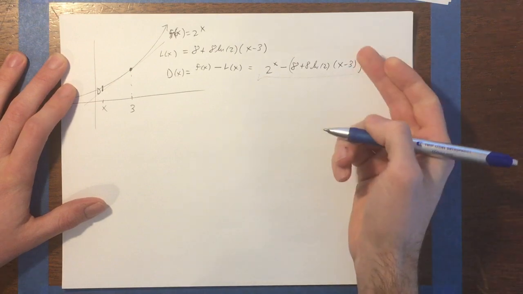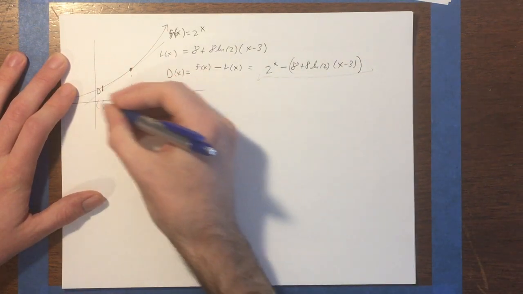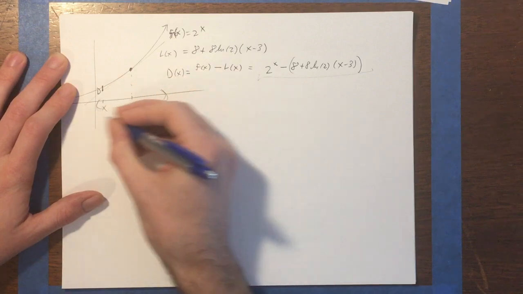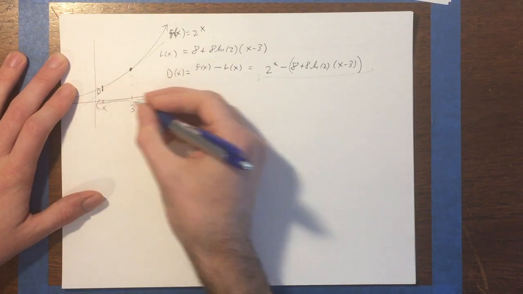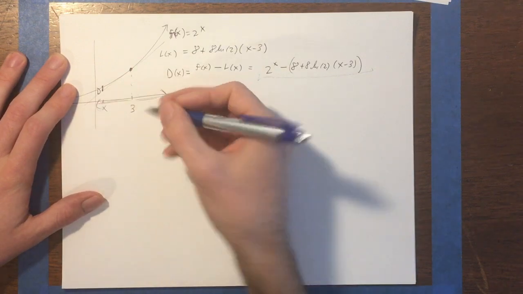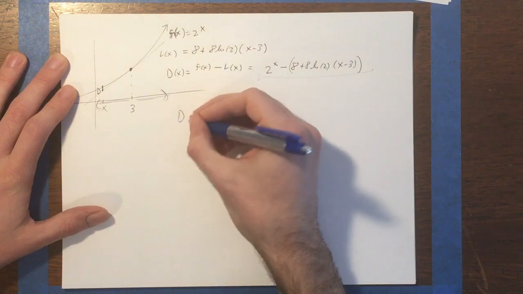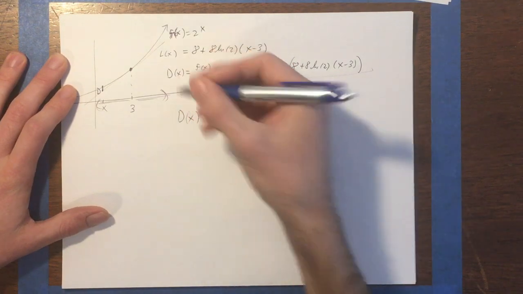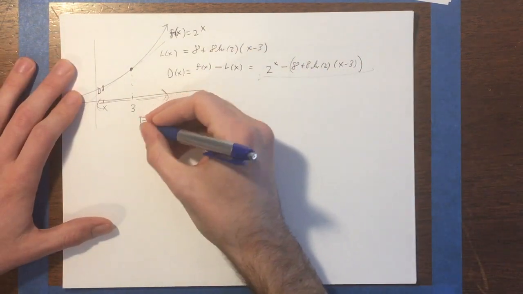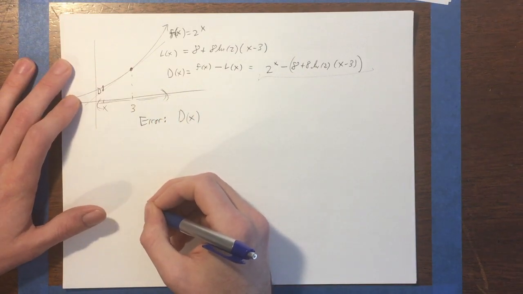That's d of x. So now, suppose you want to know what range of values around 3 can we have if we want to make sure that d of x, our difference, which is the error. Sorry, I should explain that is what we call the error, the difference in the two functions.